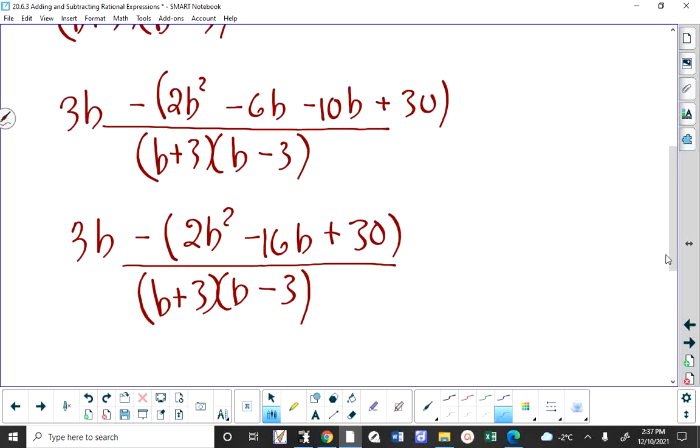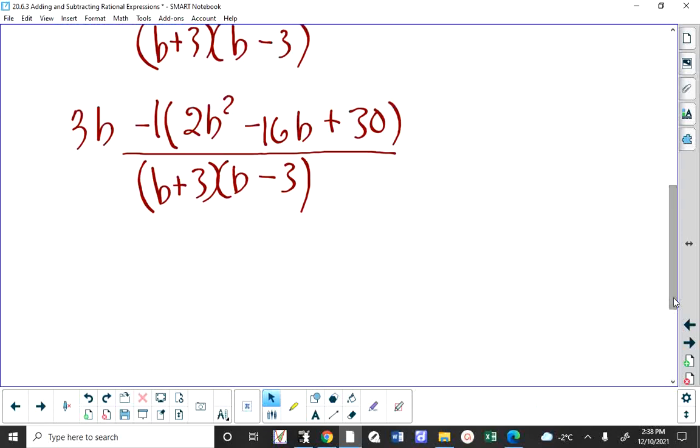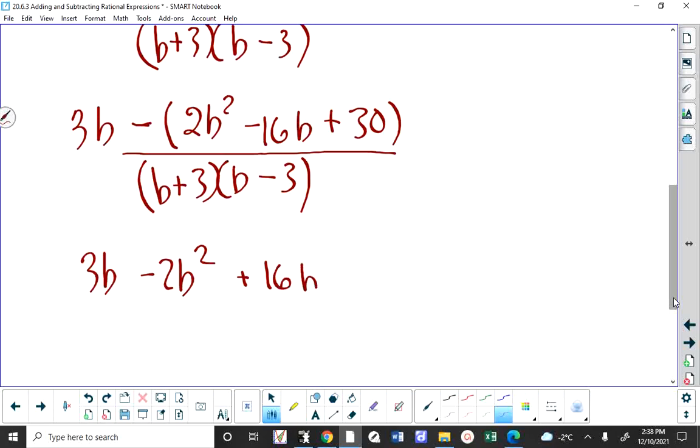Probably a lot of you. How many of you would multiply -1 by everything? A couple other people. Is there anybody that would do this? This is what I do. It's 3b minus (2b squared minus 16b plus 30). I just subtract all of them.